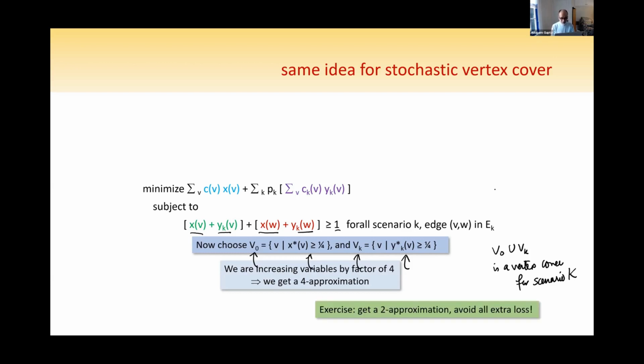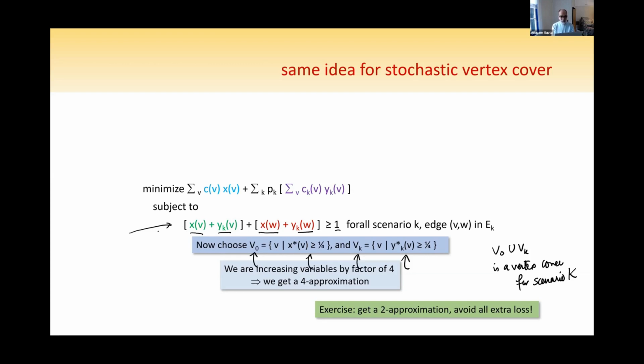By the way, this is an interesting exercise, and a slightly subtle one, but worth trying. Can you actually get it to a better approximation? What you did was the simplest thing. You said, look, this is really just a hitting set problem.